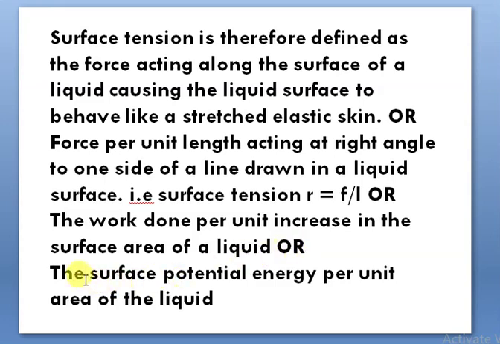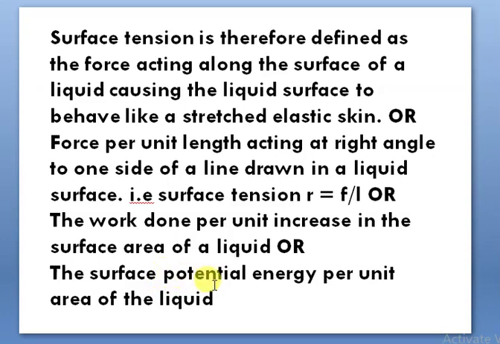Or you can equally define it as, this is the fourth definition, the surface potential energy per unit area of the liquid. Remember, energy is equivalent to work done. Energy is also measured in joules. And now the unit here can equally be joule per meter squared.